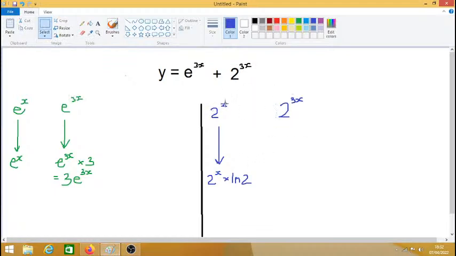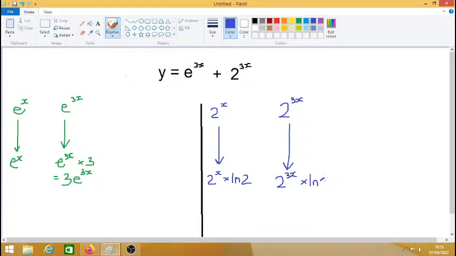In the first part of this chain rule example, I'll just differentiate the whole thing. 2 to the power of anything will become 2 to the power of that thing times natural log of 2. So this will become 2 to the power of 3x times the natural log of 2.